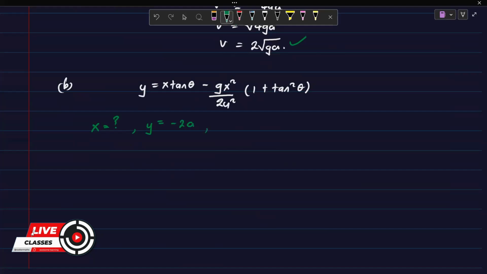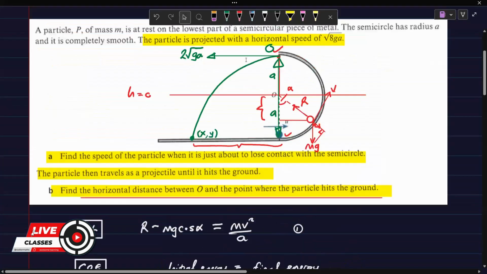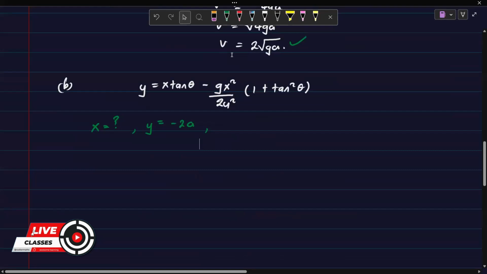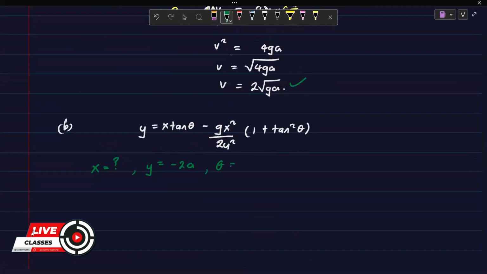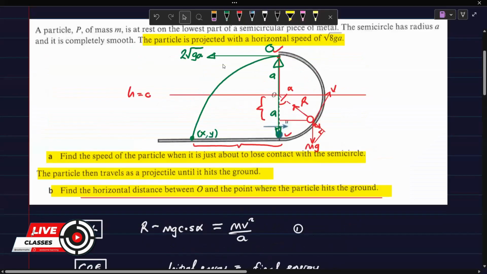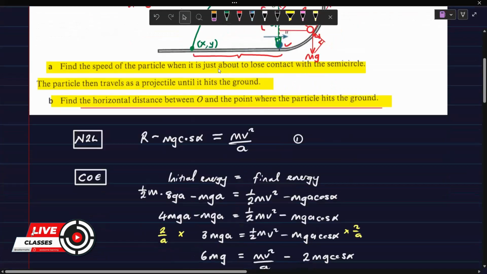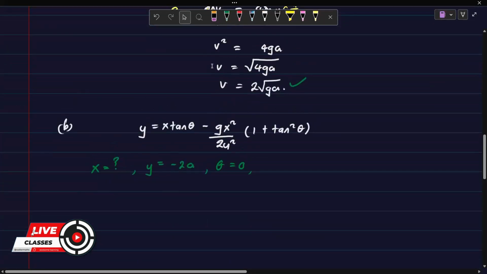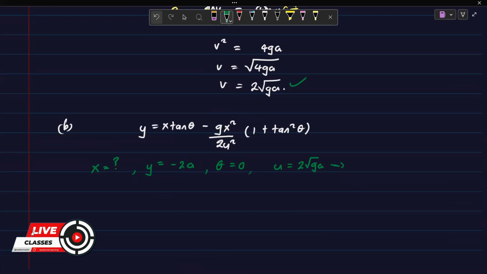All right. This particle was projected horizontally, so there is no angle of projection. So theta is 0. And what else do we want? From what's been given, we know that the initial speed of projection is 2 root ga. So the speed of projection u is 2 root ga. And we can say that u squared is 4ga.